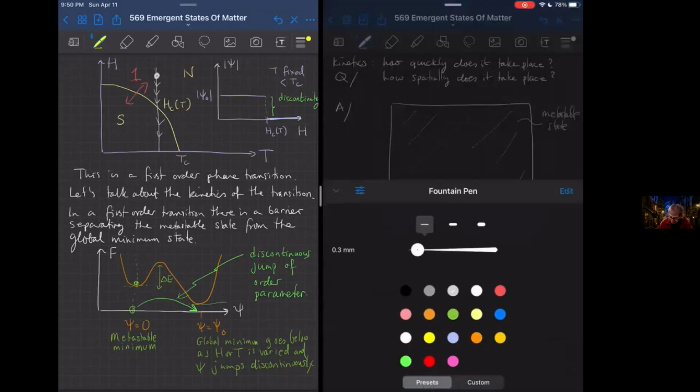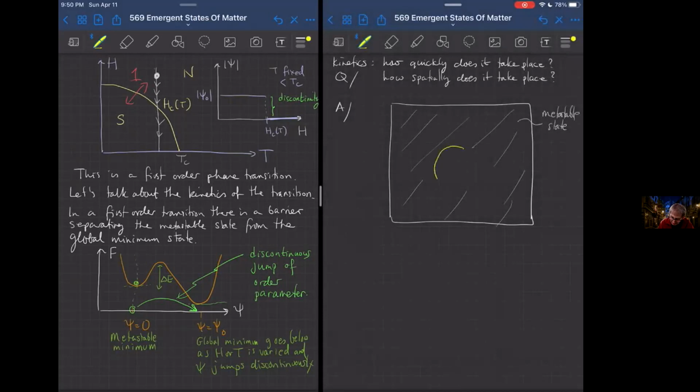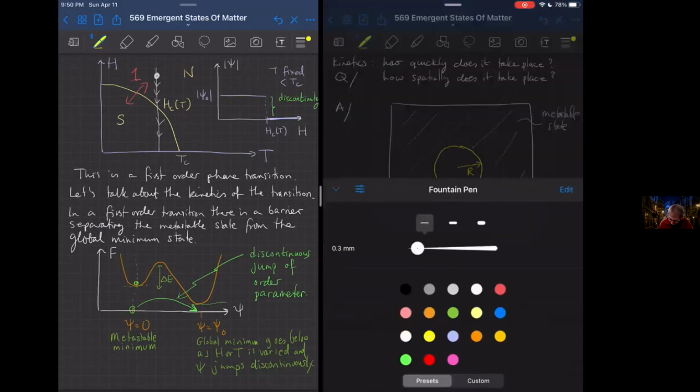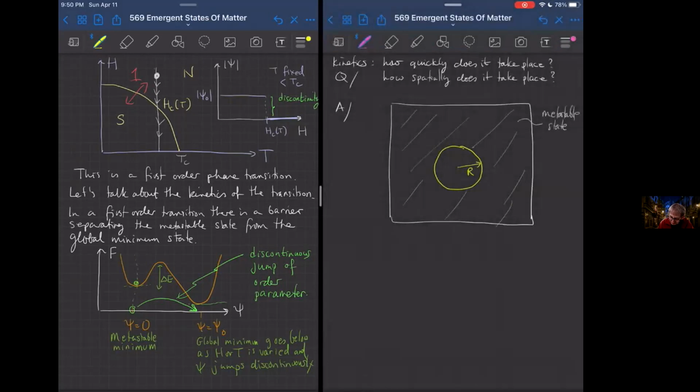And what's going to happen is in the middle of the system, there's going to be some kind of droplet of the global minimum state. So let's draw that droplet as having a radius r, and let's annotate it. So this is a droplet of the global minimum.